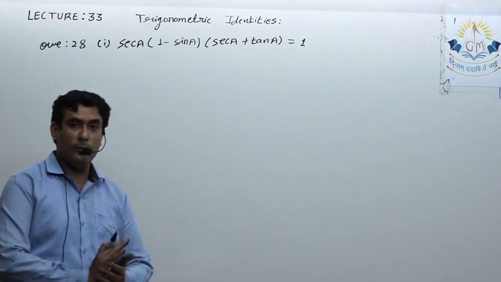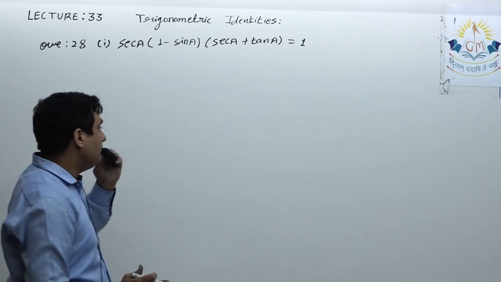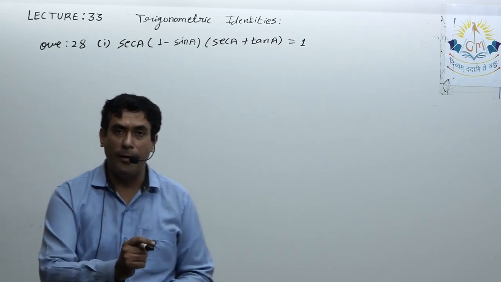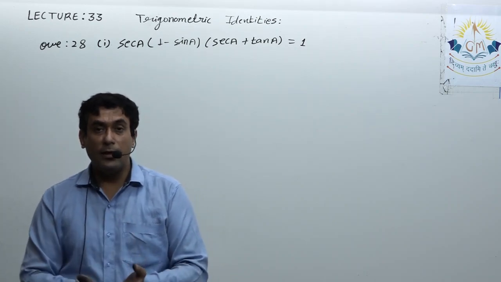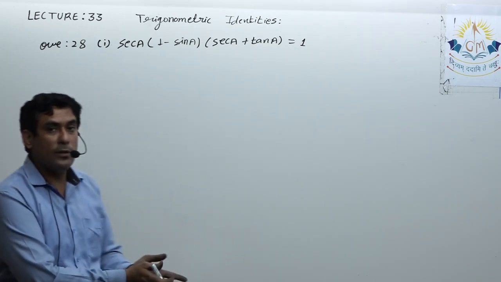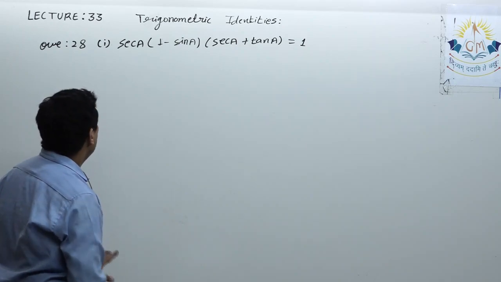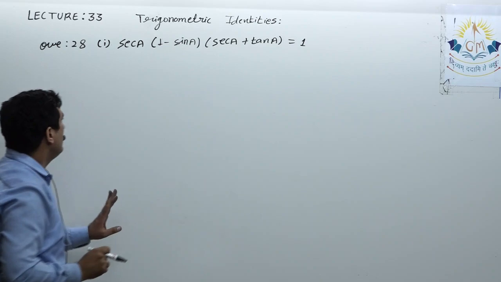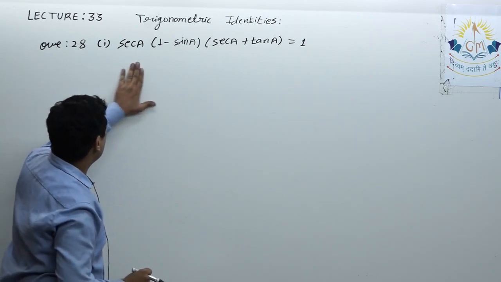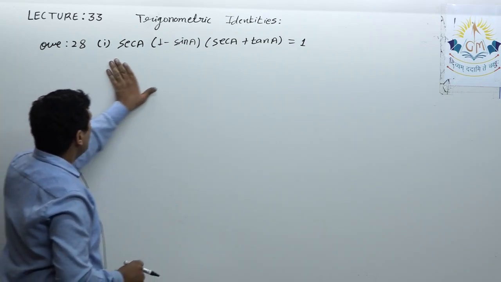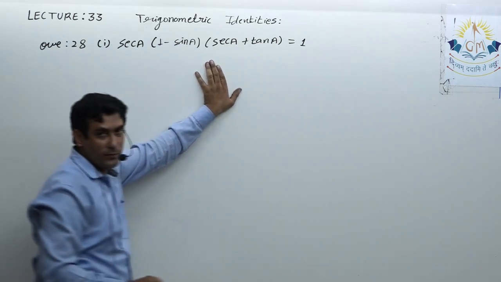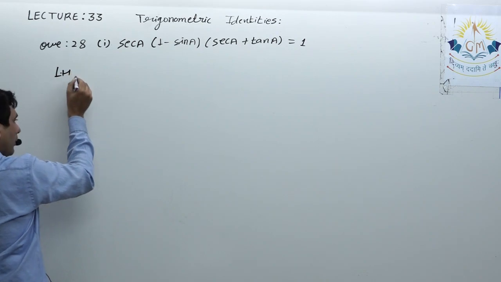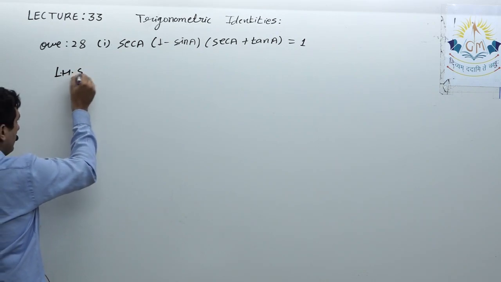As well as in some questions, you start from the LHS, you come to a point, then you start from the RHS and you again come to the same point, then we can say the thing is proved, or if the LHS and RHS are equal, then the identity is proved. So here it is obvious that we will start from the left hand side. So let us see how to solve these types of questions.